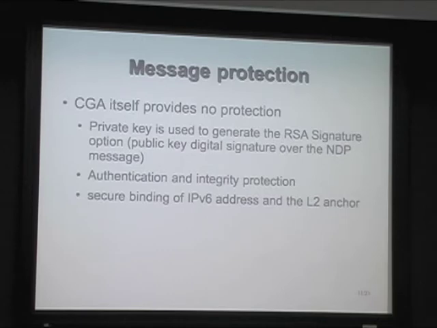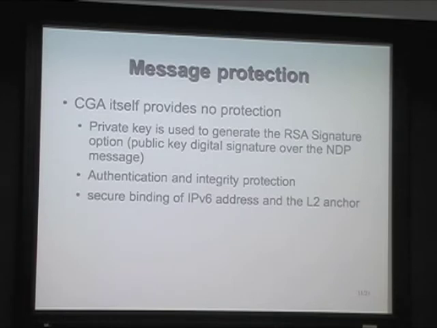The next feature that I said that SeND is providing is message protection. So in the neighbor discovery protocol, there is a SeND enhancement, that is the RSA option, and that's basically a public key digital signature inserted into the message, produced with a private key that matches the public key used in CGA generation.